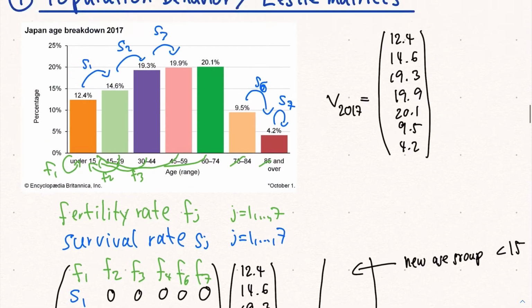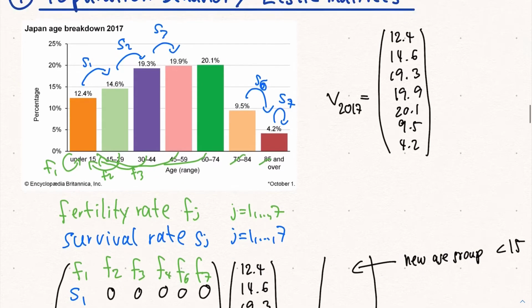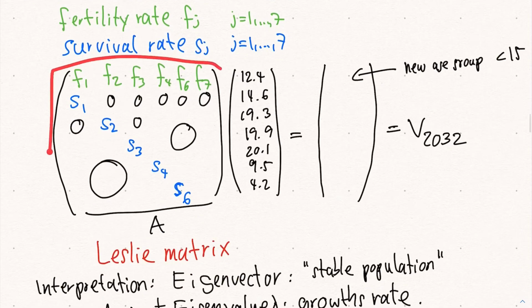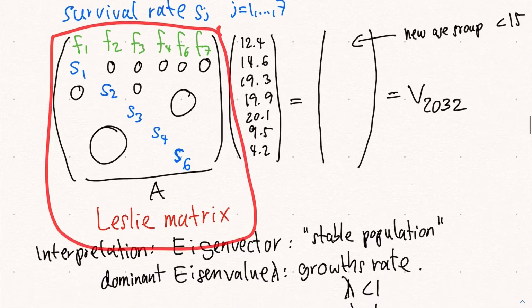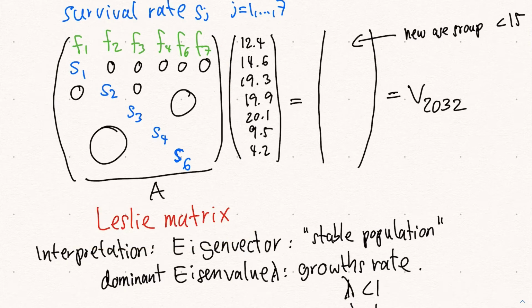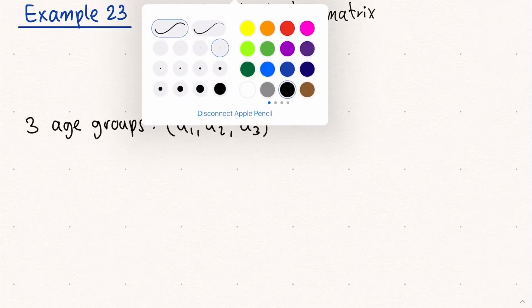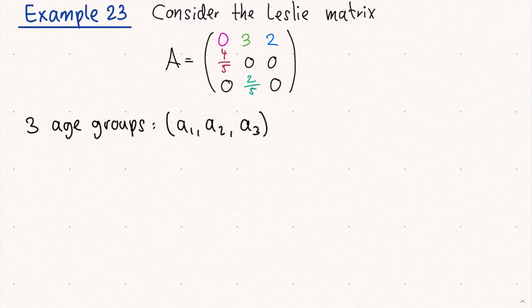Okay, so this is now one real example, but now let's do one more mathematical example where we actually calculate something by using a Leslie matrix like this, but for a smaller n. So we want to consider this matrix here, a colorful matrix. It's a 3 by 3 matrix, and it's a Leslie matrix.